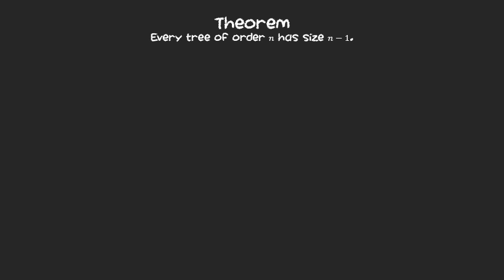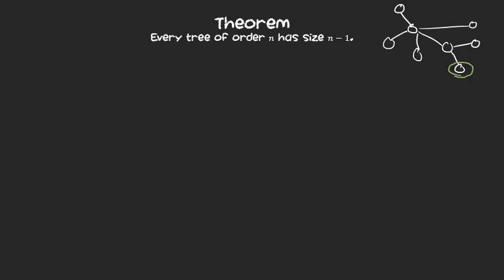And so the fact that a tree has 2 leaves gives us a tool for induction. This is sort of a proof strategy. We'll take an arbitrary tree, and we want to prove that it has a certain number of edges. We know what the order is, and we know it has at least 2 leaves, but we're only going to use 1.